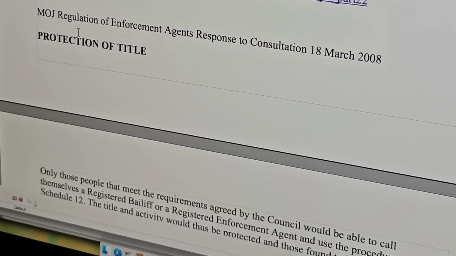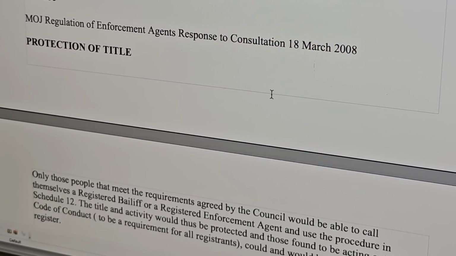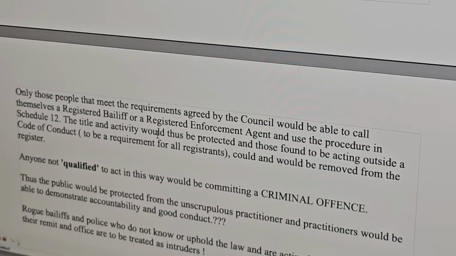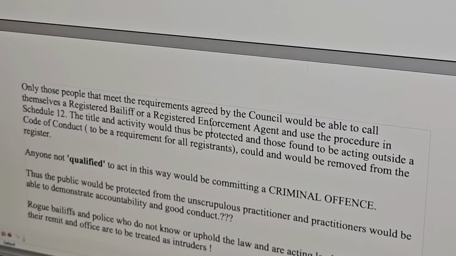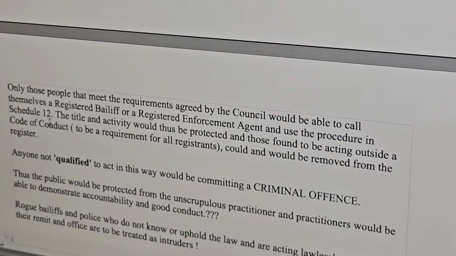Other things are the MOJ Regulation of Enforcement Agents' Response to Consultation, 18th of March 2008, protection of title. Only those people that meet the requirements agreed by the council will be able to call themselves registered bailiffs or registered enforcement agents, because that's what they're called now, and use procedure in Schedule 12.